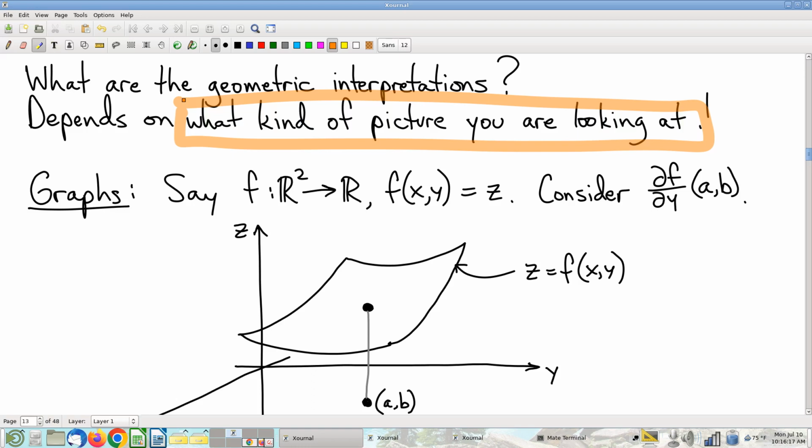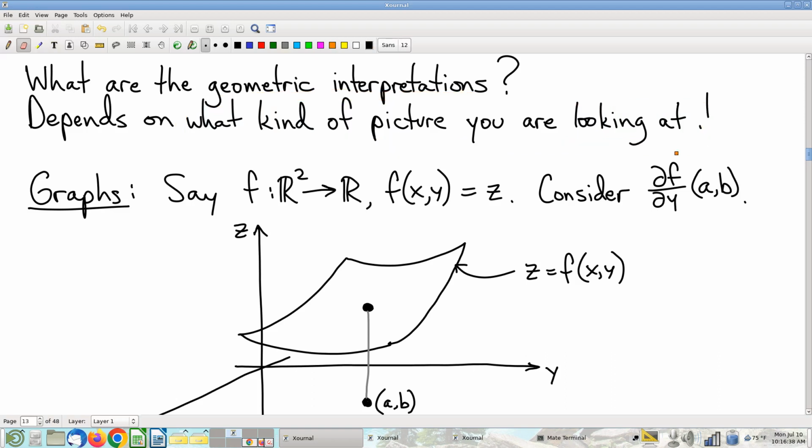In this case, the way partial derivatives look on a graph picture and the way partial derivatives look on a level set picture, very different. And you cannot make a graph interpretation on a level set. So, again, very important to keep in mind what kind of a picture you're looking at.